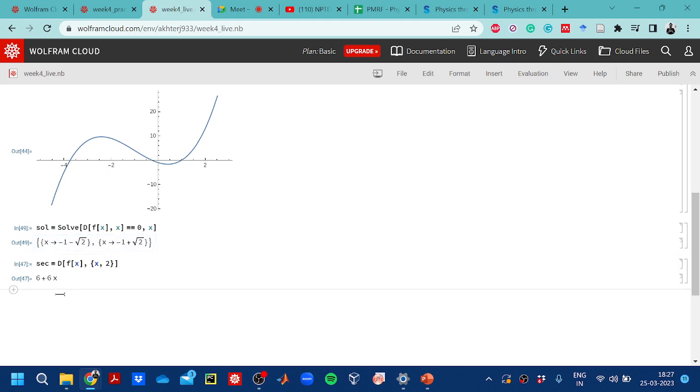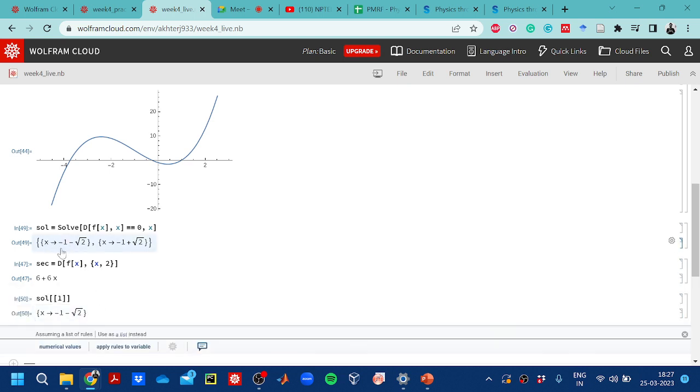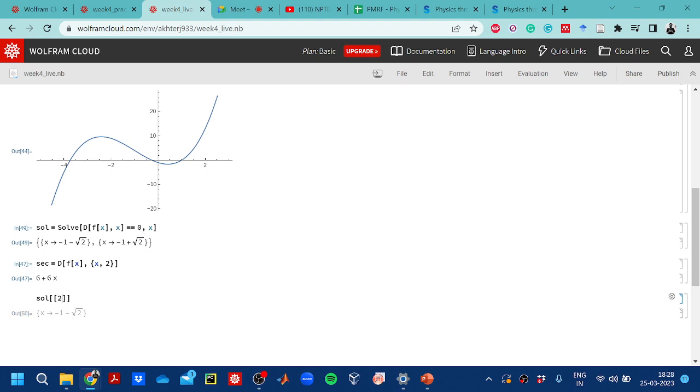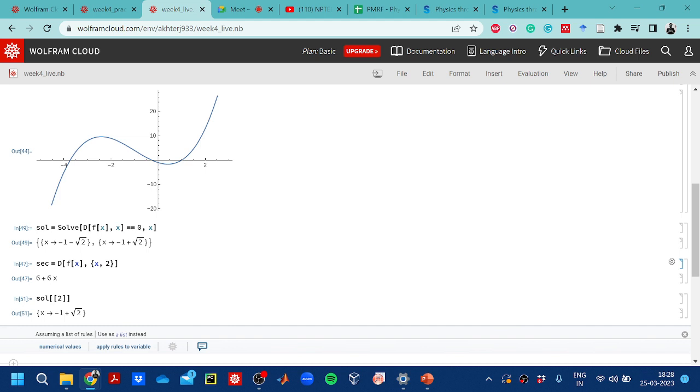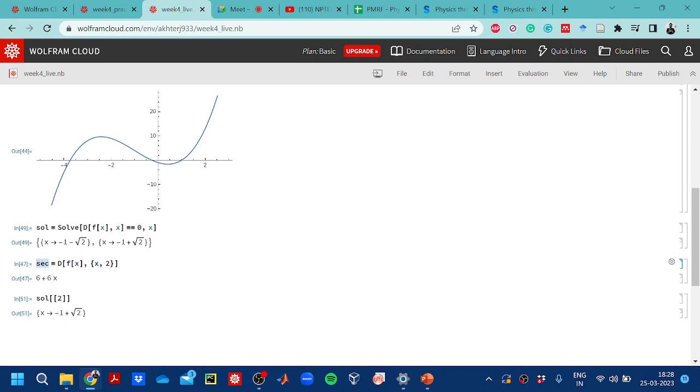If we write solution 1 within double square brackets, it will give the first element, and if we write 2 it will give the second element. We want to check the value of this function at the first point of the solution and the second point of the solution. So let us check that.